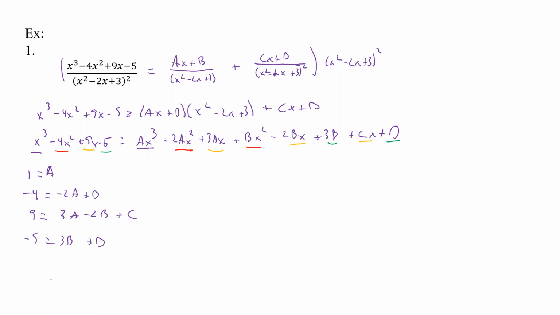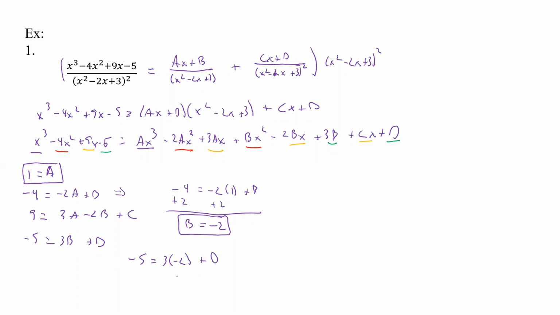So what do we have? A is 1. From there, minus 4 equals minus 2 times 1 plus B, so that's a minus 2. If we add 2, B equals negative 2. Now we can get D: minus 5 equals 3 times minus 2 plus D, so that's a minus 6.